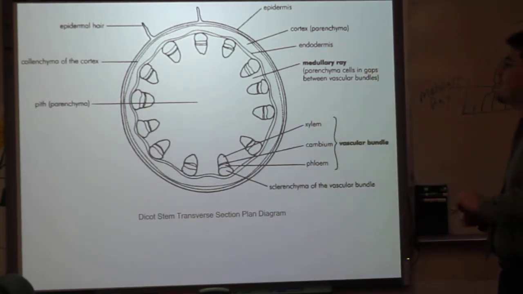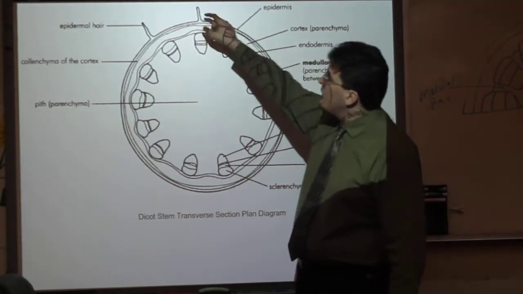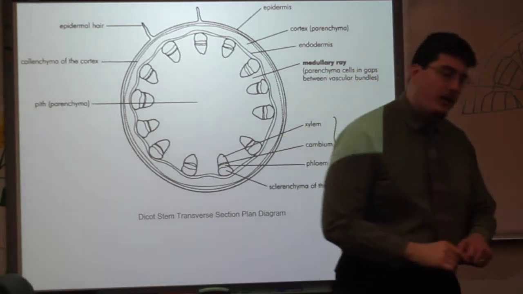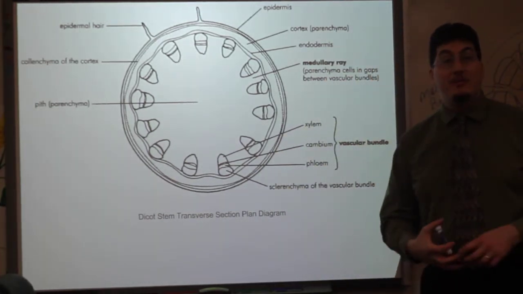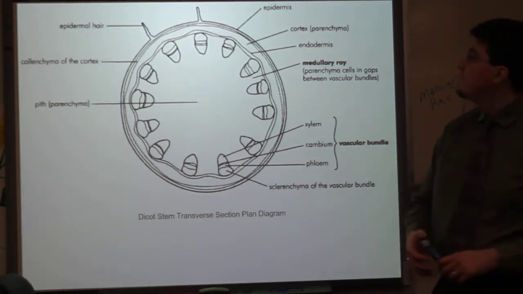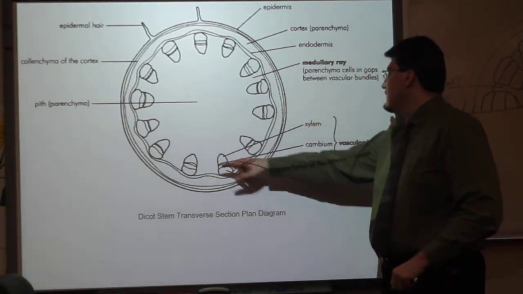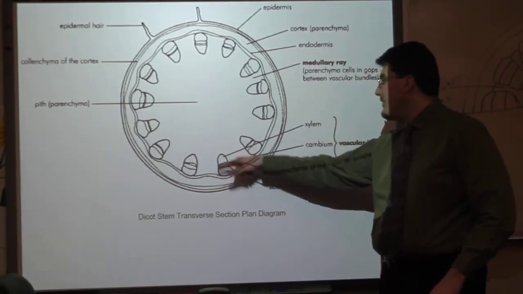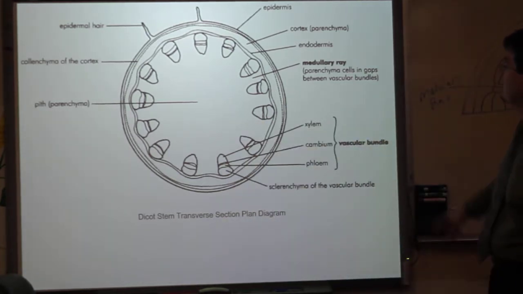So we would just remove that endodermis altogether. Cortex, epidermis. If you find a hair in the stem, they are not root hairs because this is not the root. They are going to be epidermal hairs. So we have also sclerenchyma, phloem, cambium, and xylem here. And our pith. Our pith is a parenchyma as well.